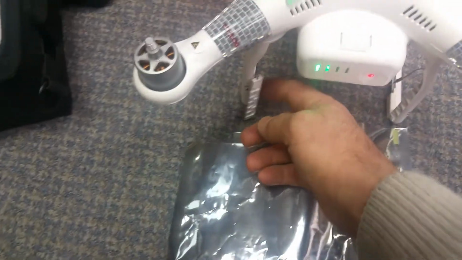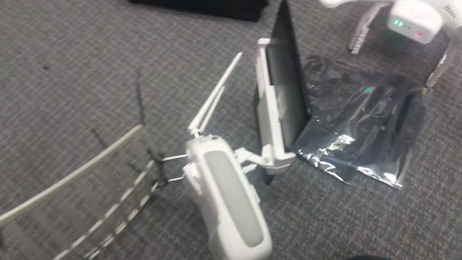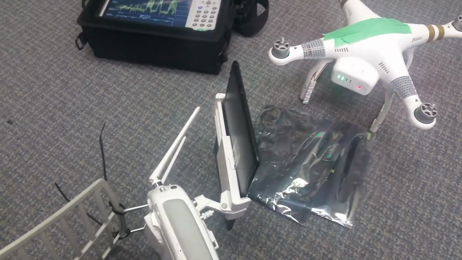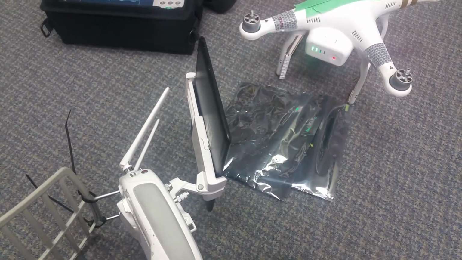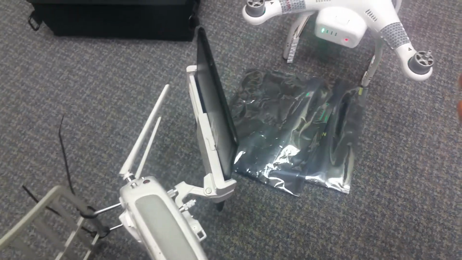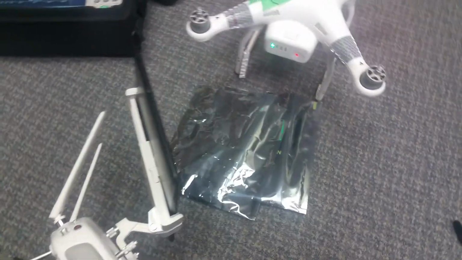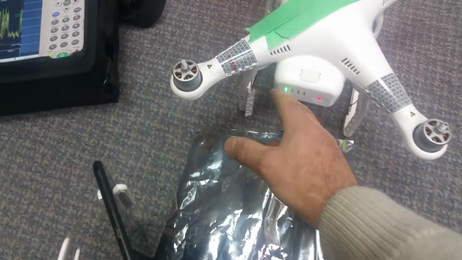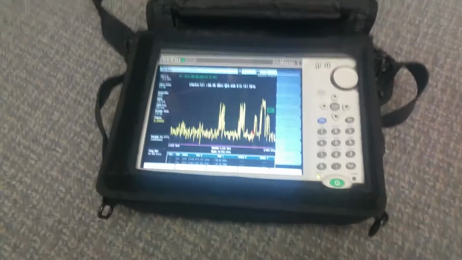So I figured that these 2.4 gigahertz antennas do just that. They are part of the 2.4 gigahertz IP network that also takes the camera image. I figured that out by myself, by lowering the signal and looking at the spectrum analyzer.